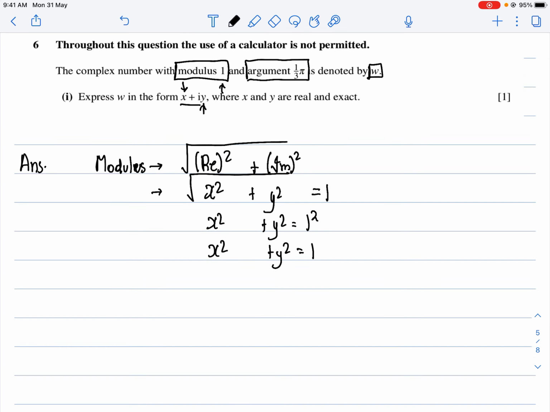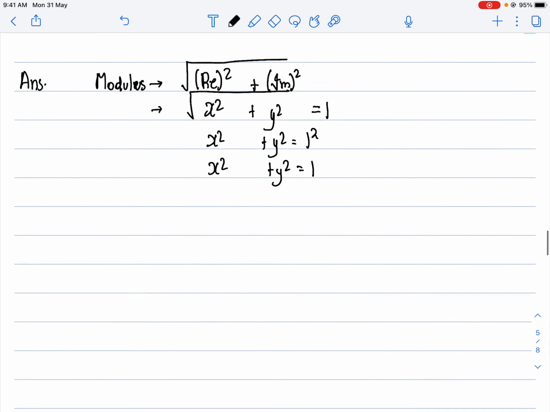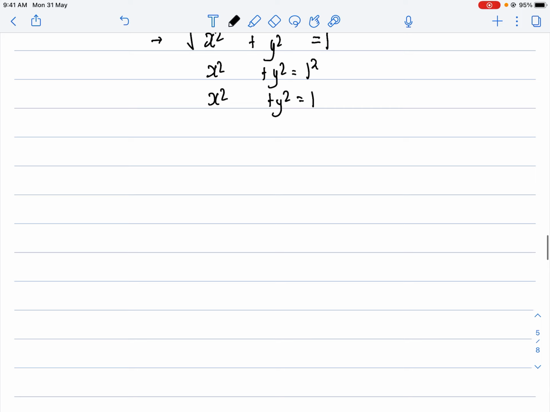Now I have the argument, correct? Let me make a better triangle. Just give me 1 second. Make a straight line first, then get it down.